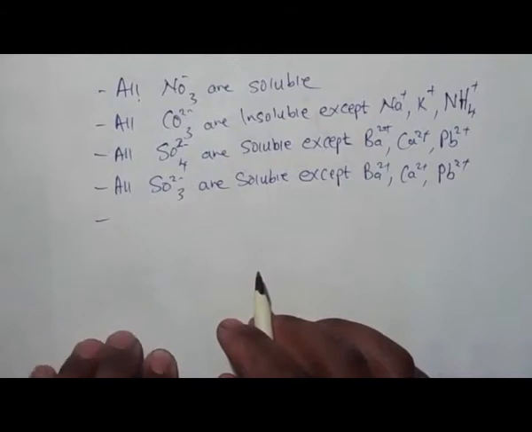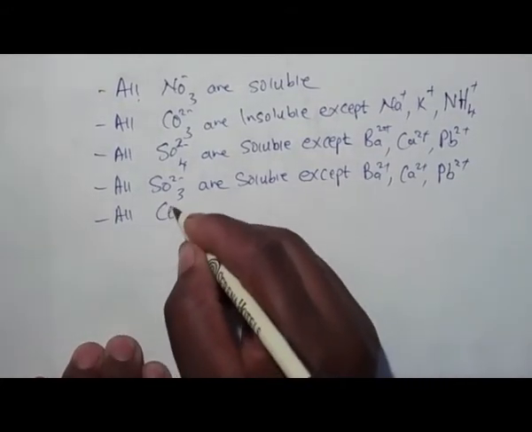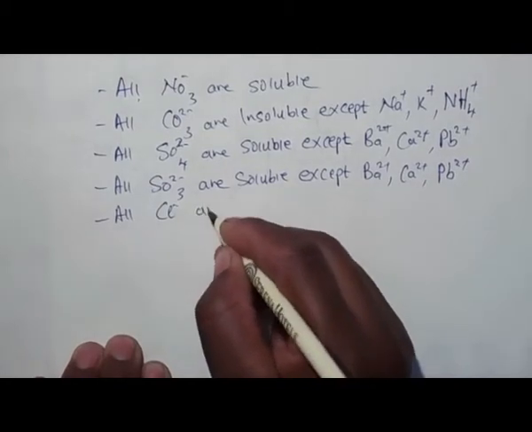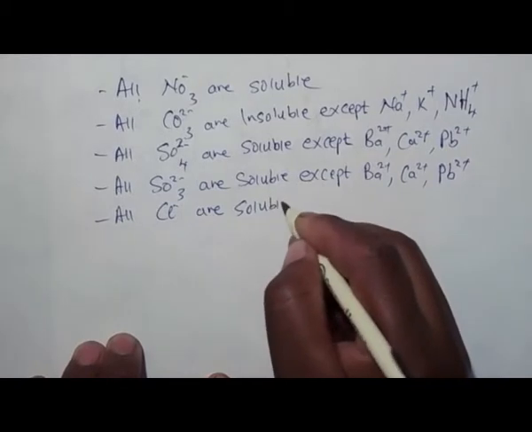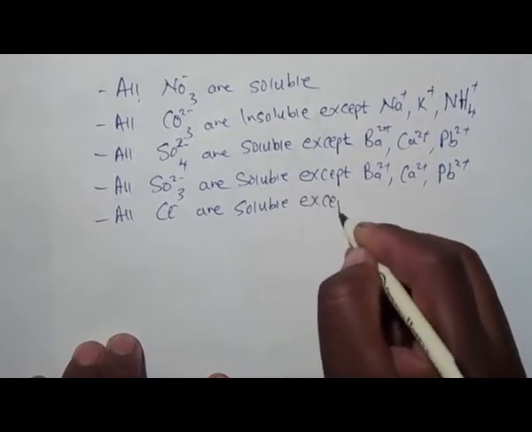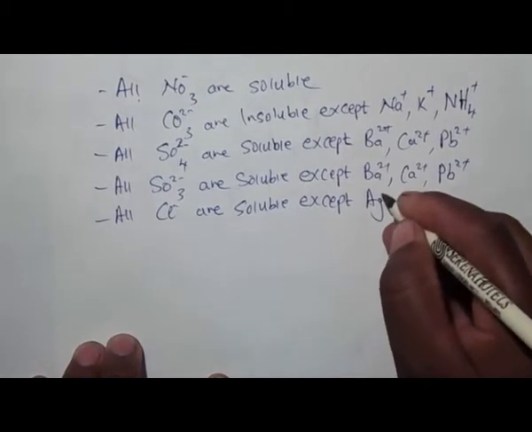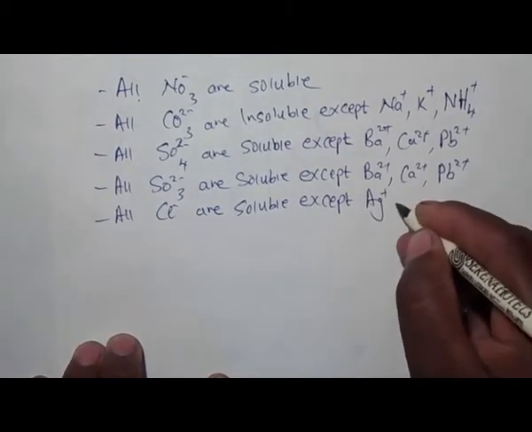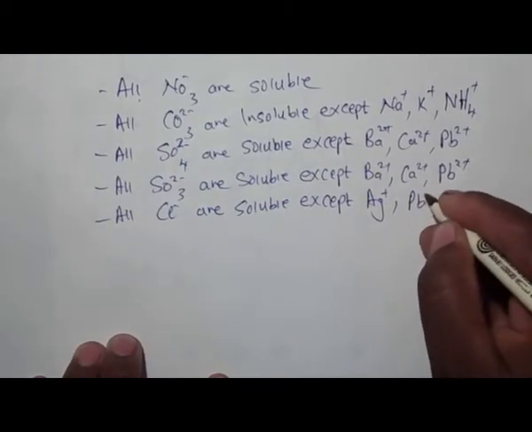Next, we can look at chloride. All chlorides are soluble, except 2. That is silver chloride and lead 2 chloride.